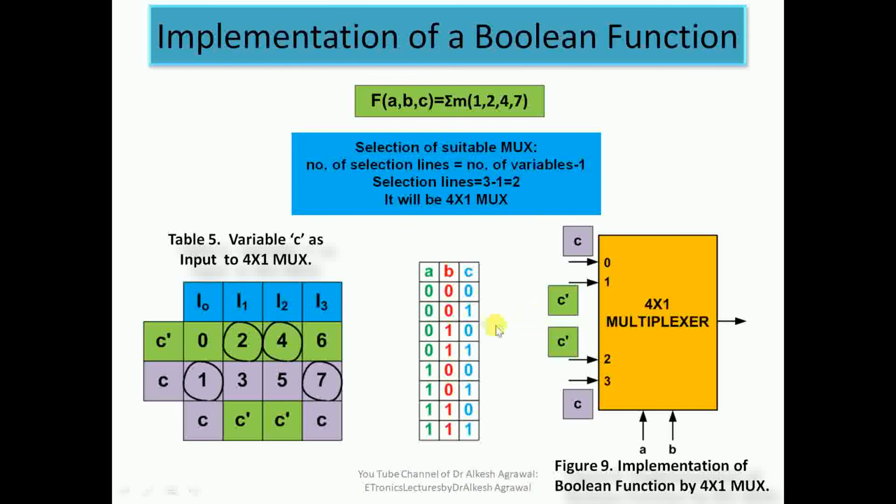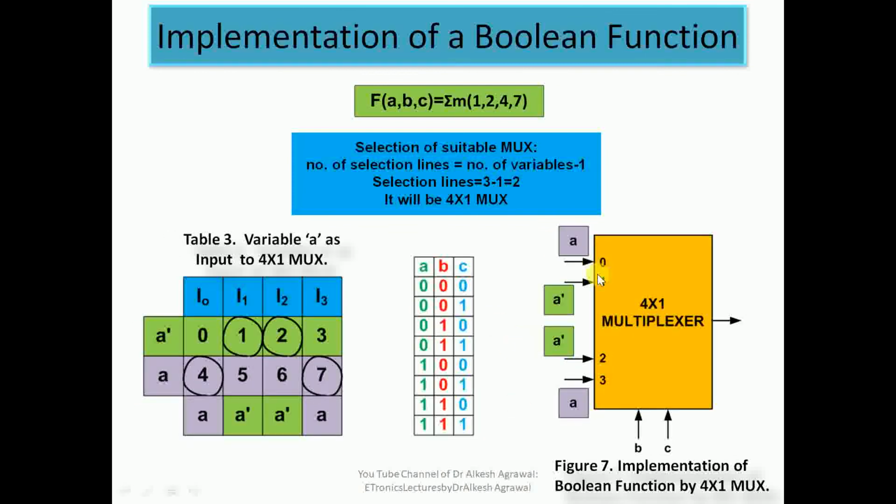Now you can check from any one of these how these minterms are calculated or implemented through this multiplexer. In the first case, how will this information be selected when B and C are 0 0? When B and C are 0 0, this A is selected.